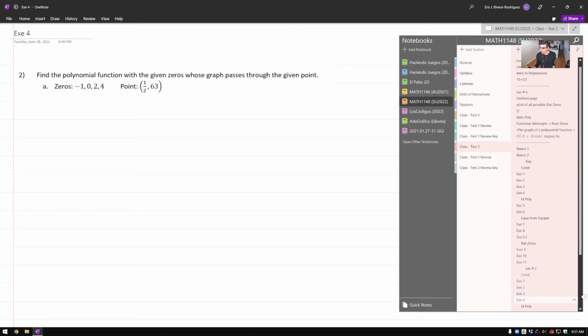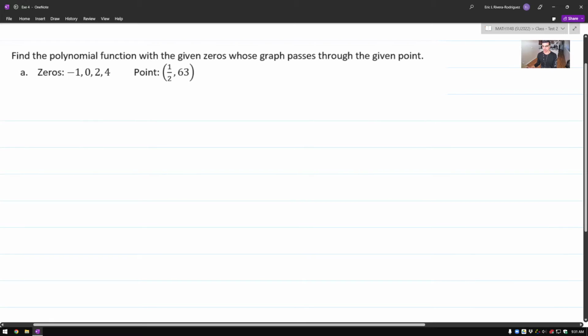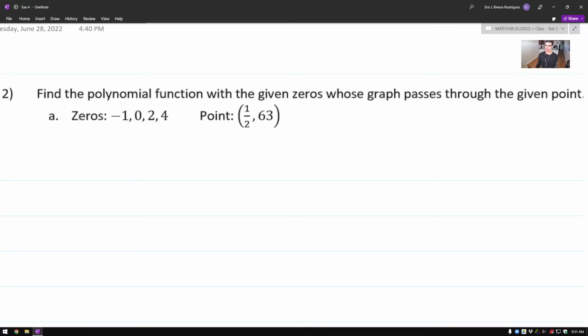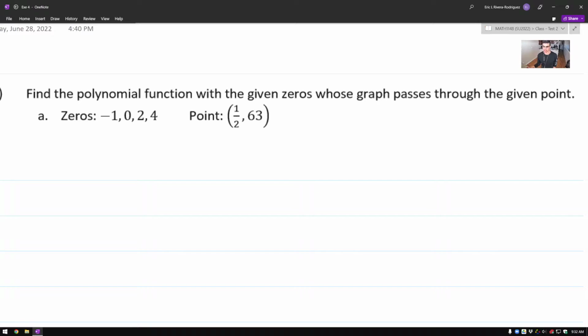Another one, let's do the first exercise that you have on the review that is about this topic. This one is interesting. You will see that there is no degree given, but we have a point. So start working with this one.